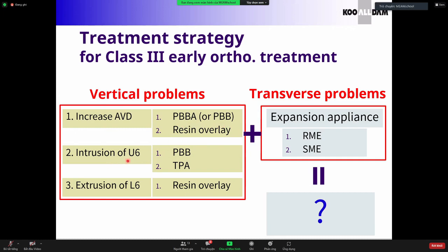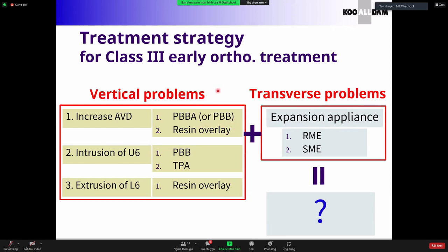Intrusion of the upper first molar, PBB or TPA. Third, in order to extrude the lower first molar, we may use resin overlay on the lower second premolar. Also, in order to correct transverse problems, we may use an expansion appliance.